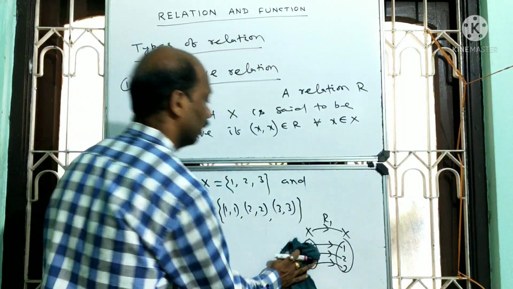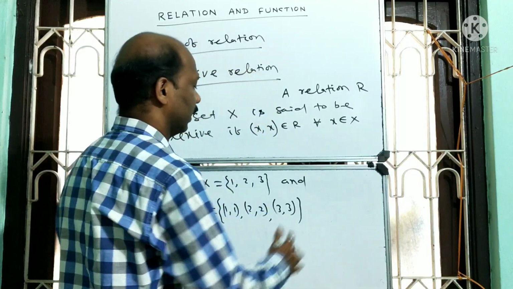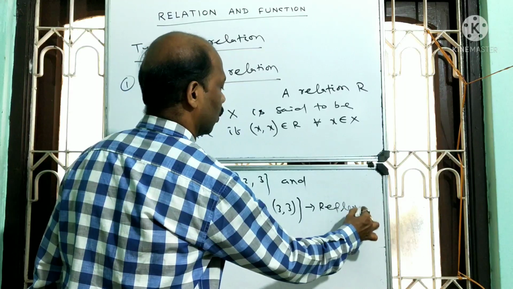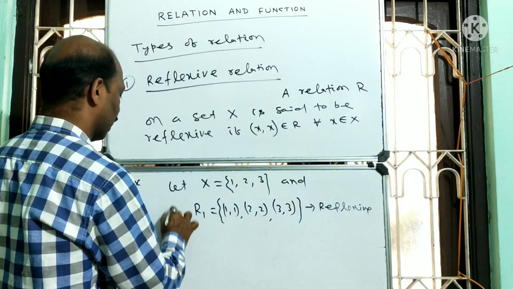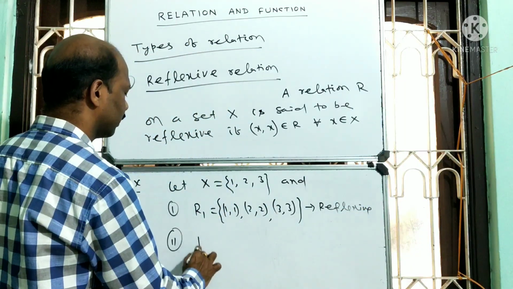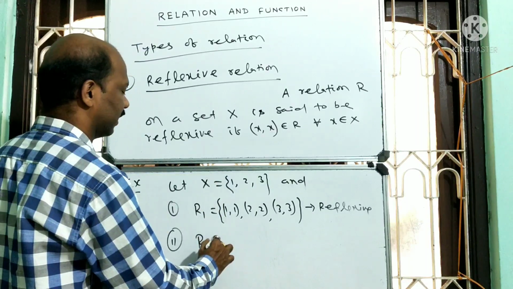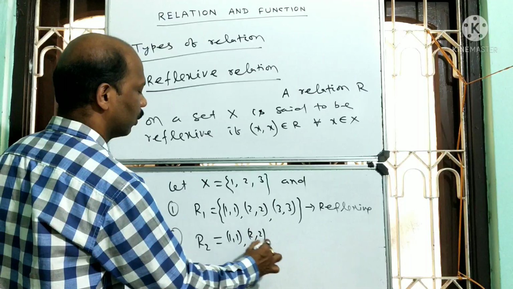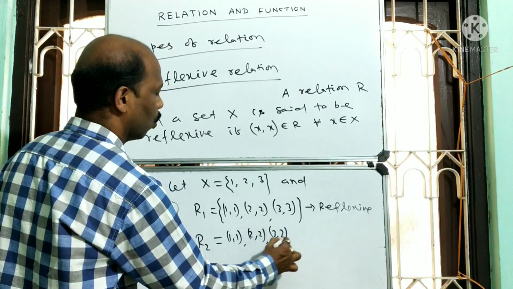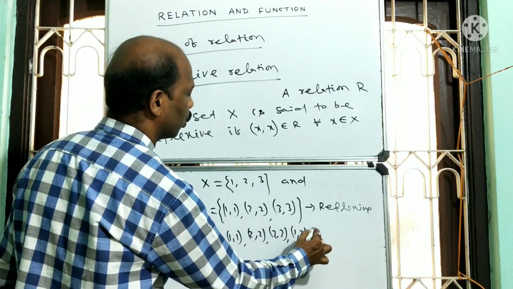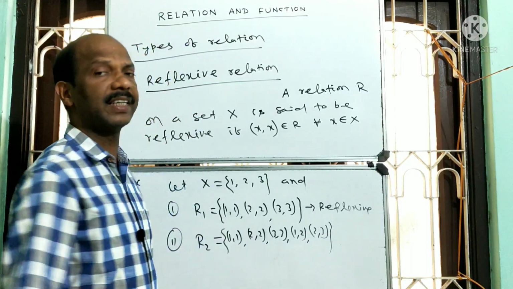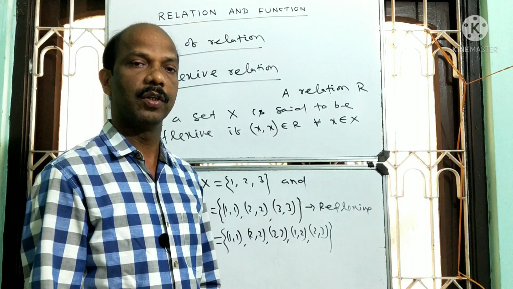Another example. Second one, another relation R2 on a set X is equal to {(1, 1), (2, 2), (3, 3), (1, 2), (2, 3)}. Whether it is a reflexive relation or not.